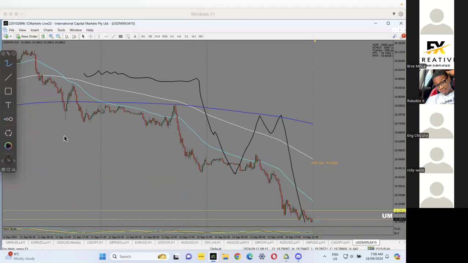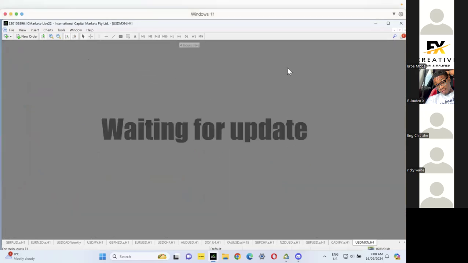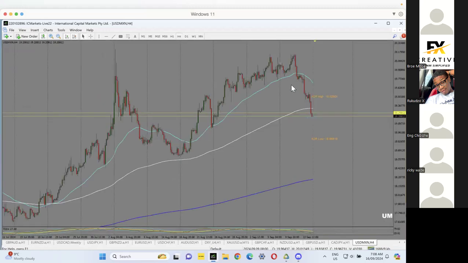So if we move to the higher time frame now, say the 4-hour, let's see what the 4-hour did. Check the 4-hour. Last week, the market formed the high.